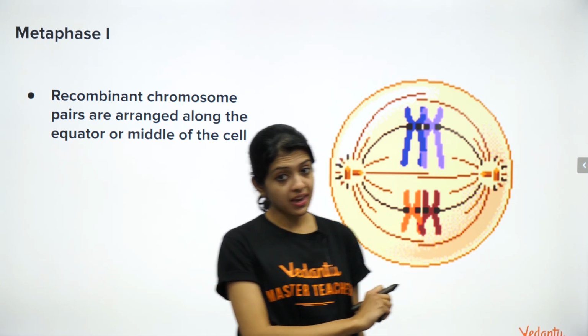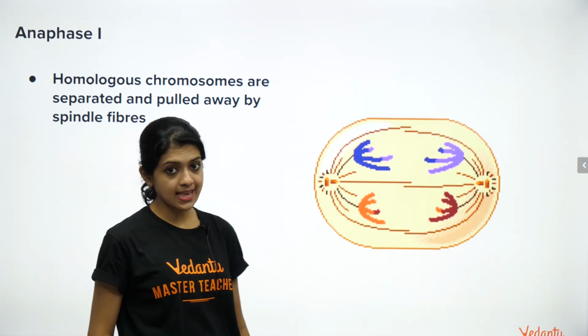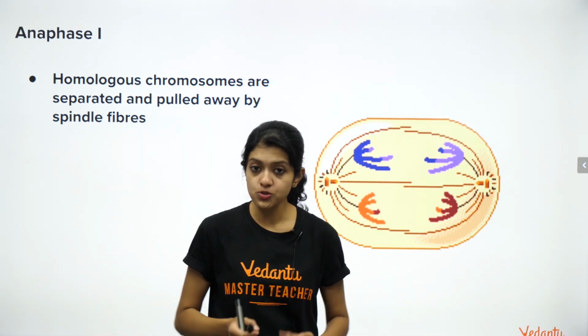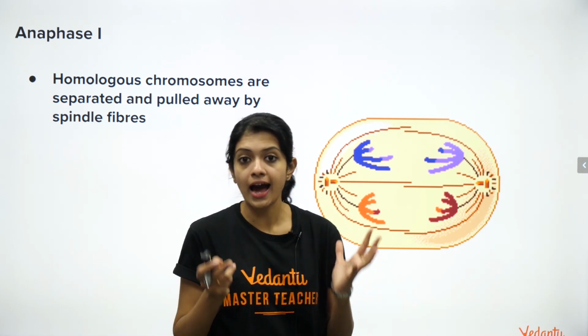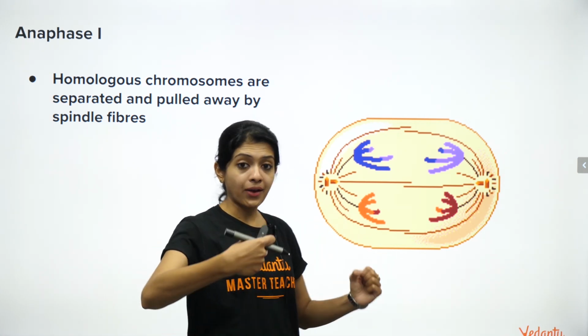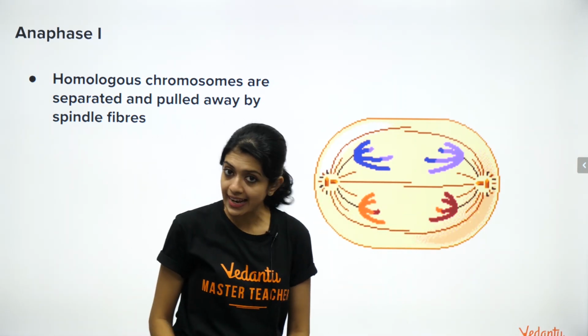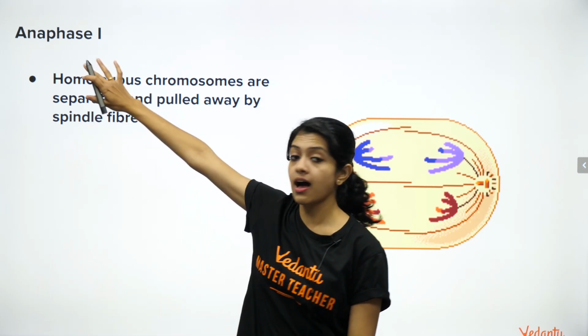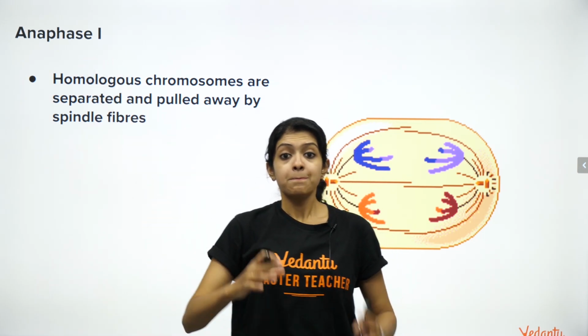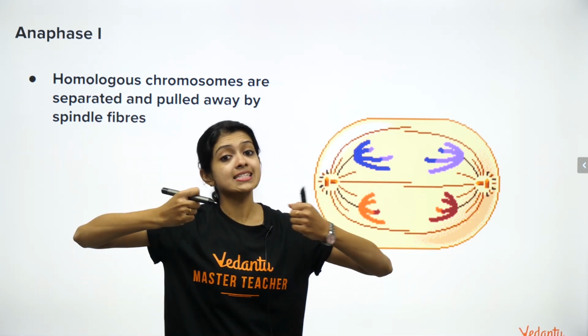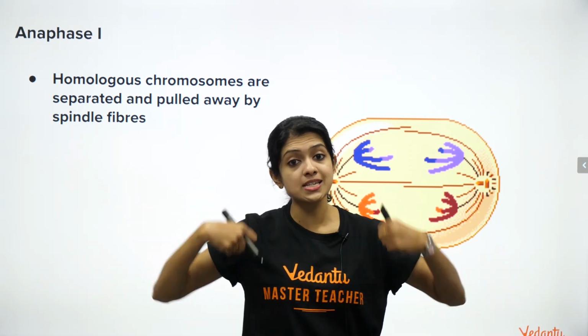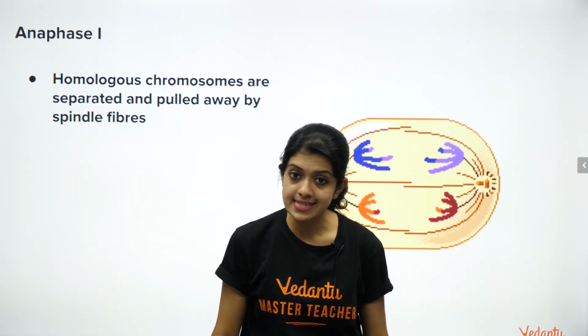Coming to anaphase 1, what happens is that homologous chromosomes, or the recombinant chromosomes as they are now, get separated and pulled away towards the opposite poles of the cell. Again, recall that ana means opposite. Members of the homologous pair get separated and move towards opposite poles of the cell.